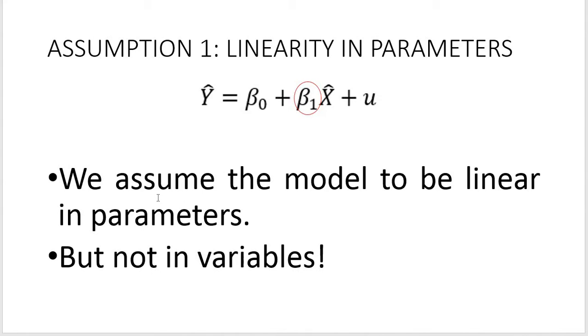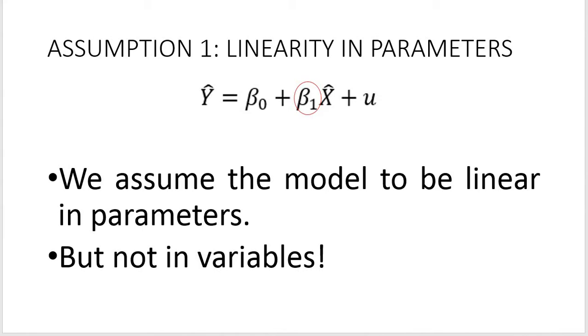However, it does not mean that the model has to be linear in variables, as we're going to discuss in a second. Before we proceed to the rest of the assumptions, I will show this based on the model I have estimated using Gretl, and as usual you can find the link to the data below in the description of the video.